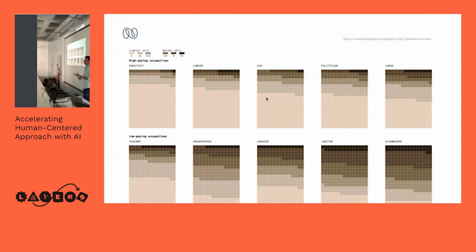If we do the same thing with, hey, show me pictures of dishwashers or janitors or cashiers, it indexes a lot on darker skin. Of course, depending on the country you are in, this is going to skew dramatically the culture of that country. And if the AI tools that we use are trained on Western data, things are going to be off a little bit.